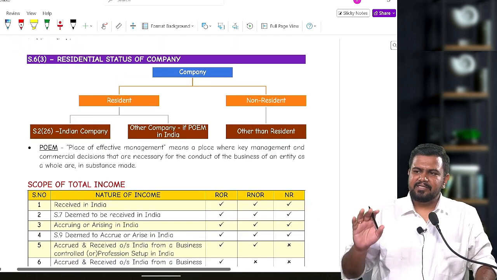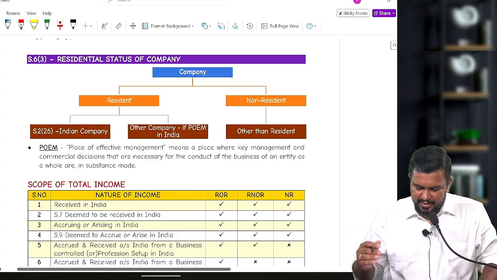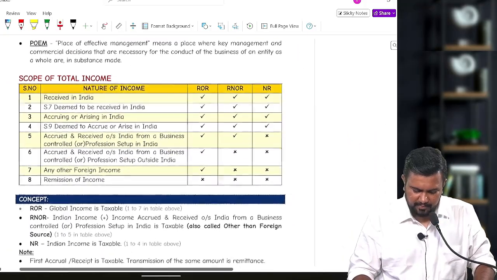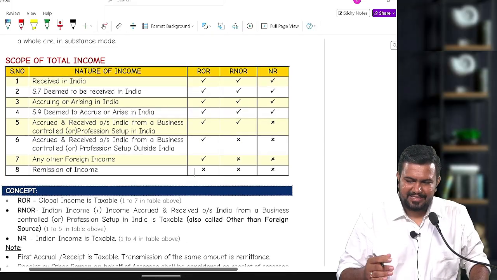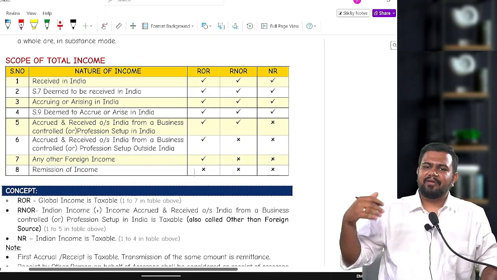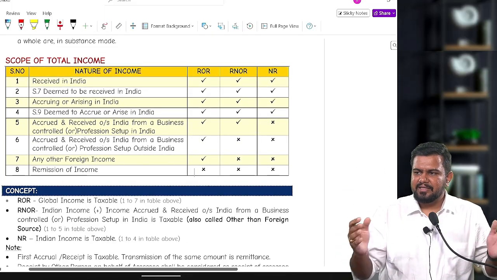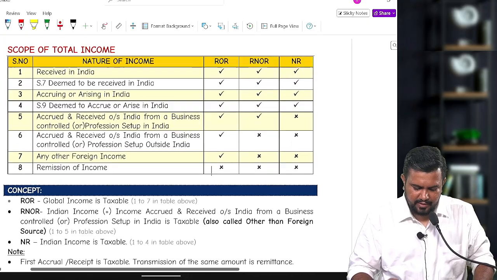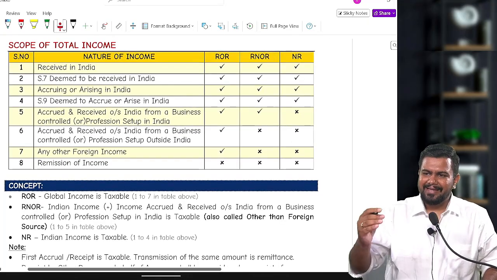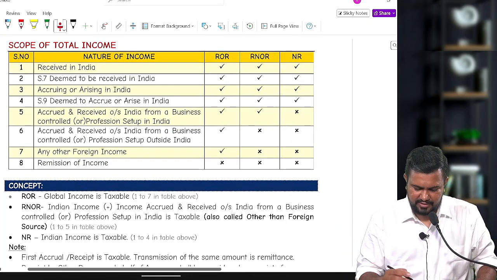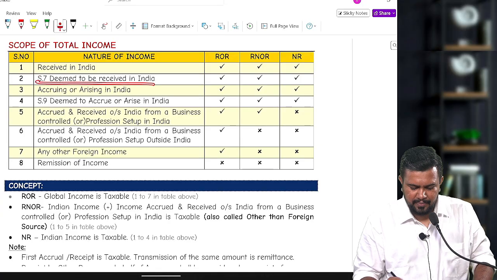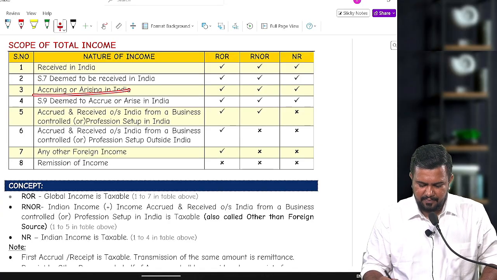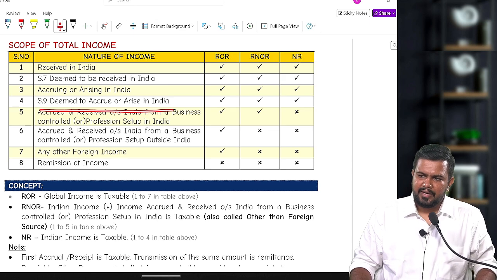So now we know how to calculate residential status. Now let us come to scope of total income. It is for scope of total income only that we are finding residential status. In scope of total income, there are different types of income. First, income received in India, income deemed to be received in India, income accruing or arising in India, and income deemed to accrue or arise in India.